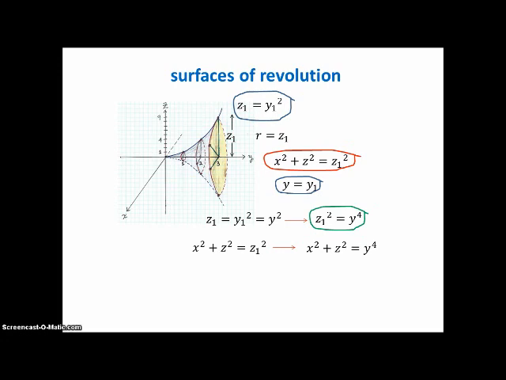And if we want to rewrite that equal to 0, then we would just bring the y to the 4th over. Now, meanwhile, I'm going to check some points to make sure this makes sense. Here's an obvious point. 9, 4x means that y has to be 3, and z is 0, because we're not moving up or down.